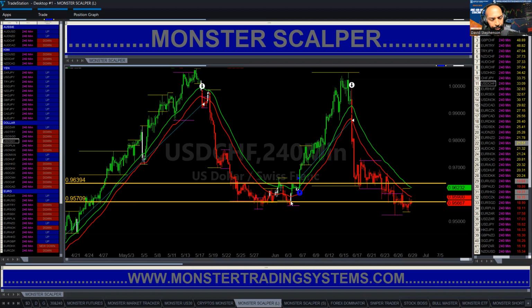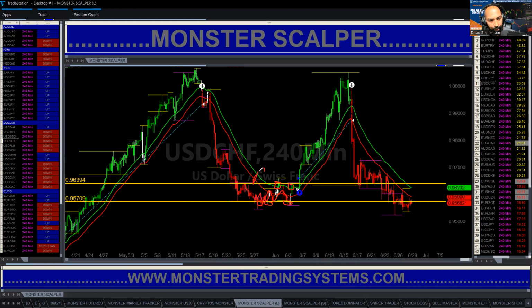Here was the markdown phase, right? So here is price failing to break resistance right here. Failing to break resistance right here. Failing to break support. So the sellers are holding support, holding support, holding support. All right. So we're in that range there. Here is resistance, here is resistance here, and then here is support.